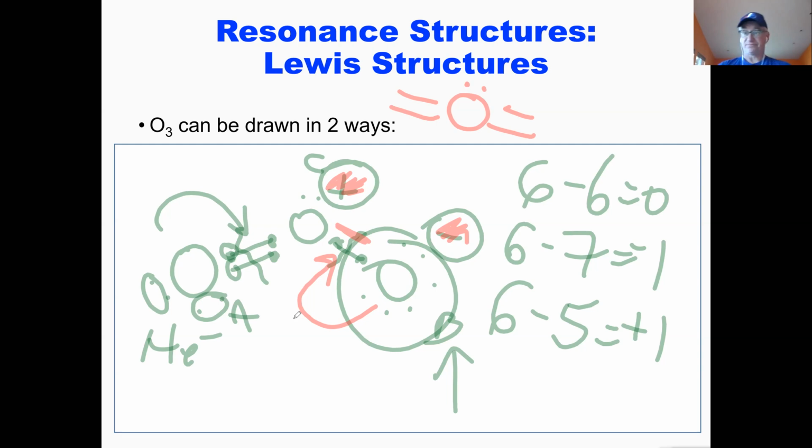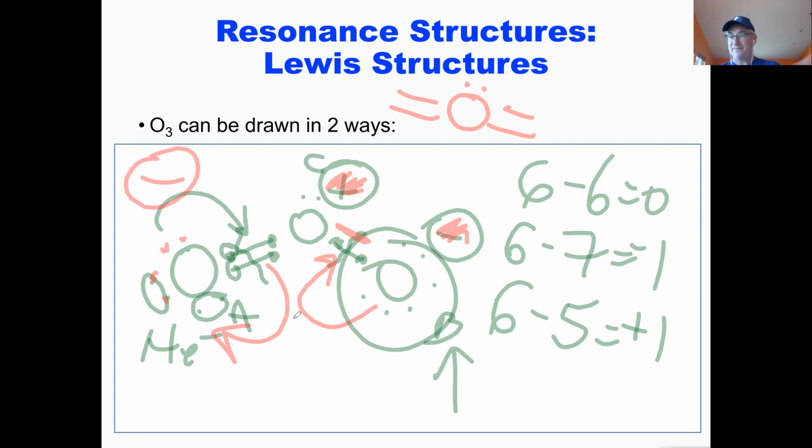Oxygen can't do that. And so the charge has been relieved on that oxygen. It's no longer positively charged, so that's good. But now it has 10 electrons. That's not good. So this bonded pair transfers back to oxygen A and gives it 6 electrons in lone pairs and a bond, and it becomes negative.